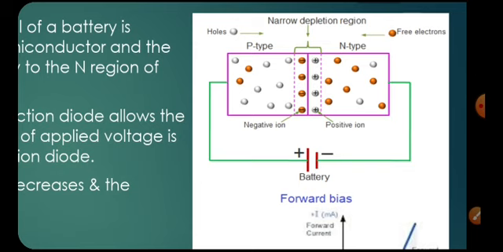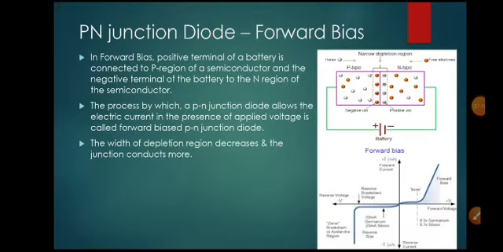In the forward bias, it permits easy flow of current across the junction. By this process, the junction diode allows the electric current in the presence of applied voltage. The width of the depletion layer in this case is decreased.